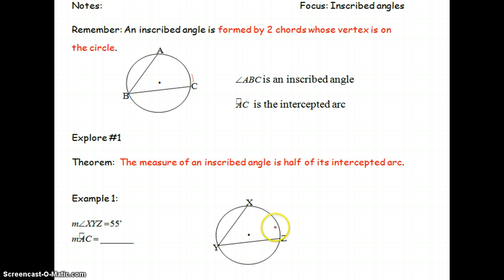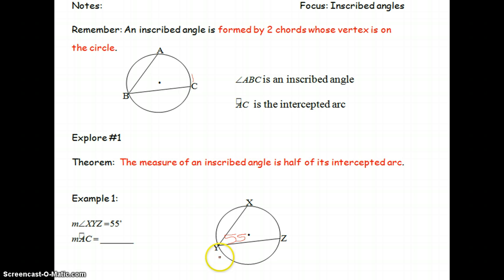If you look at what's given, you know that the measure of angle XYZ is 55 degrees. So let's make a note here at the vertex, 55 degrees. And then I know also that the measure of this arc, given my theorem, should be double that inscribed angle.